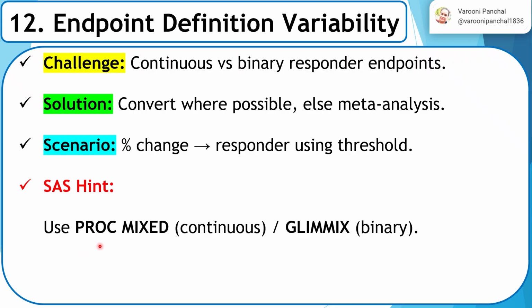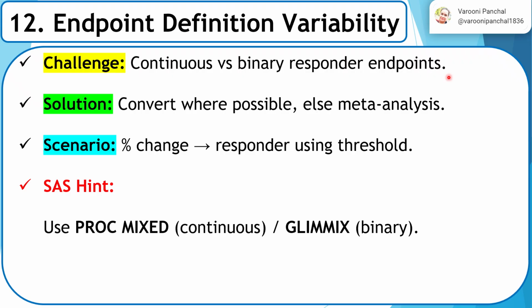So you can use PROC MIXED for continuous, and you can use GLIMMIX for the binary responder endpoint. So these kind of procedure changes you will always be needed, because it's not essential that the endpoint values, especially in the efficacy situations or the efficacy parameters, will be the same. They could be different, so you need to go through all these endpoints.